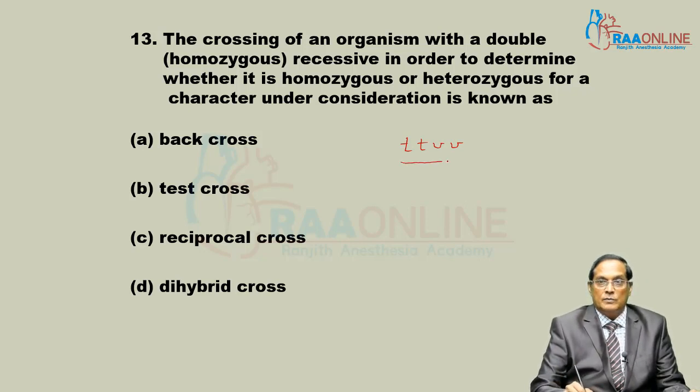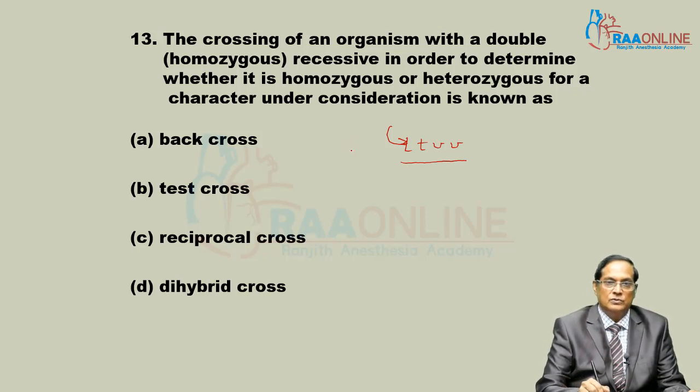In order to determine its genotype, that is, whether it is homozygous or heterozygous for a character, in that case it is better to perform a test cross. By the test crossing, we can know whether this plant carries the gene for homozygosity or not.